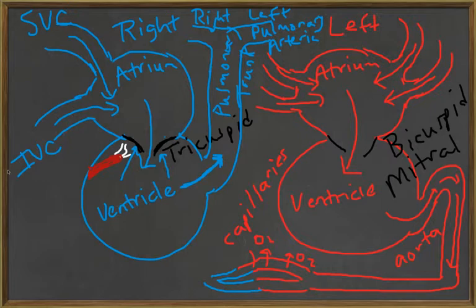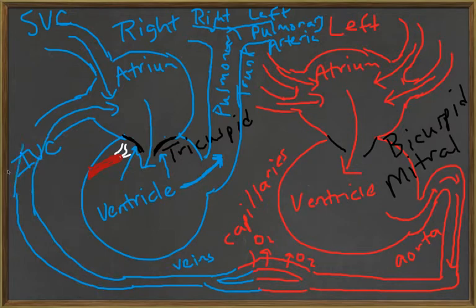The vessels carrying the deoxygenated blood will merge together to form veins. The veins will merge together to form larger and larger veins, and eventually the blood will then return to the right side of the heart through the inferior vena cava and the superior vena cava, and the cycle will start all over again.